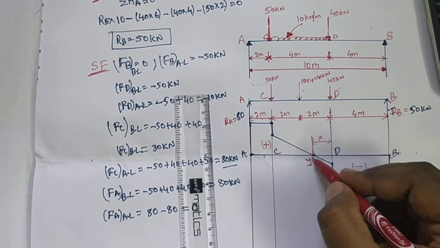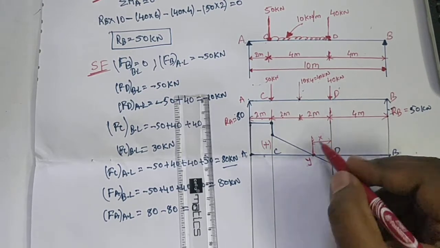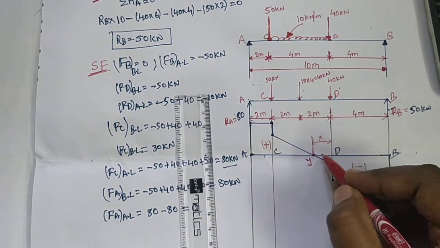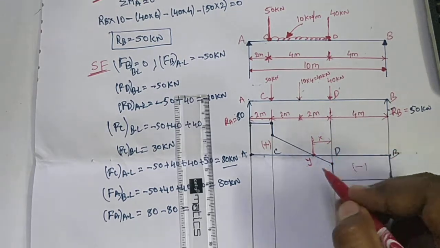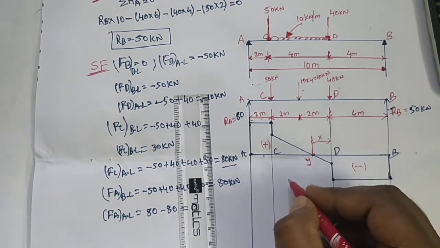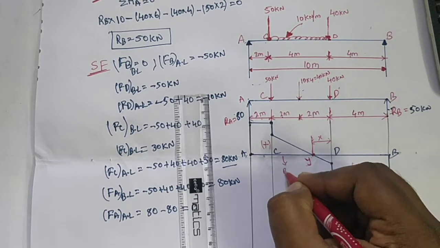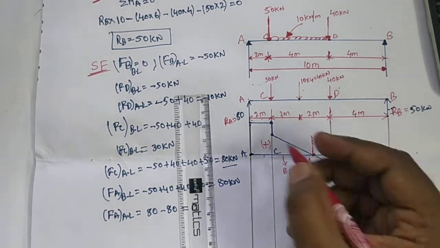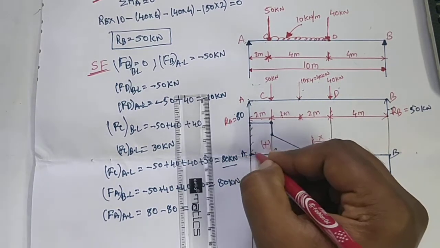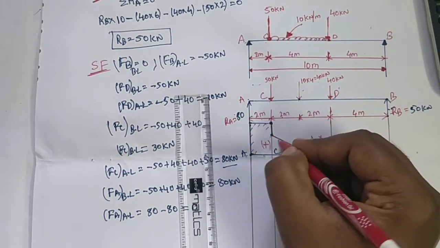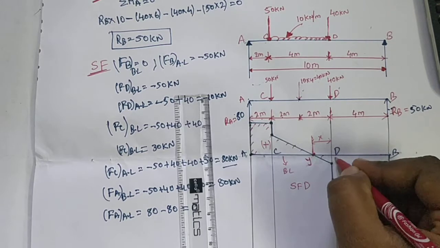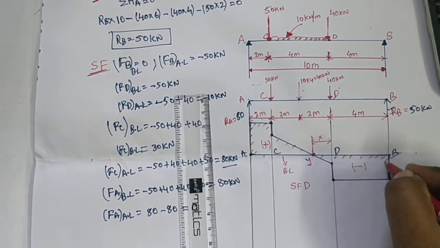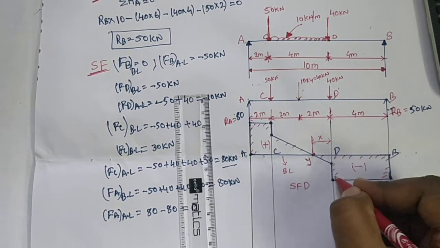The distance from y to the nearer point D is x. We need to calculate this value for calculating the maximum bending moment. It is the baseline. Like this, we need to draw the shear force diagram.